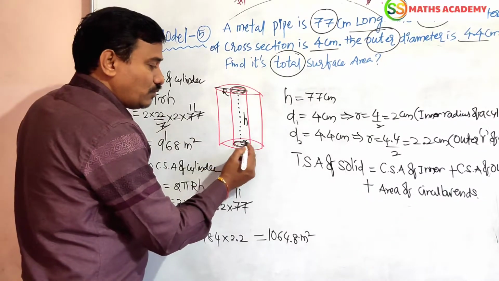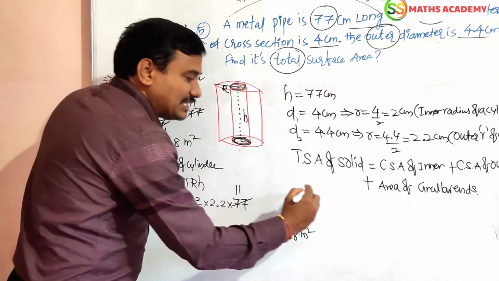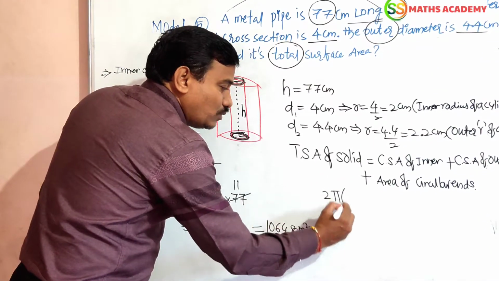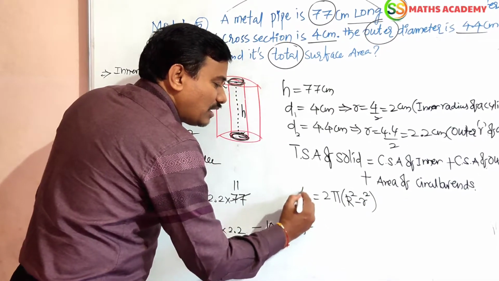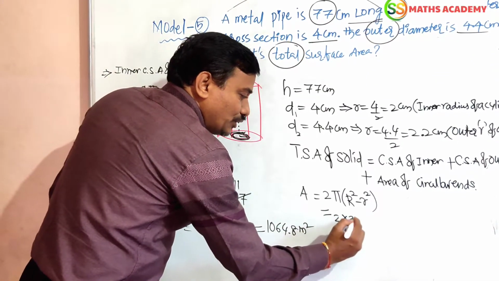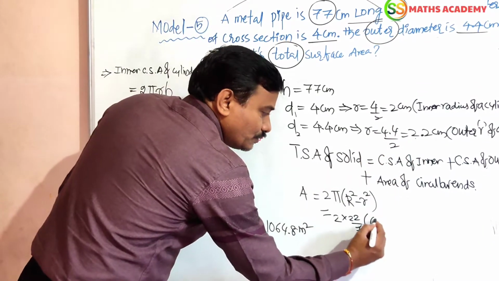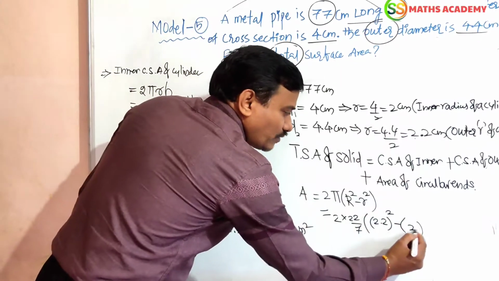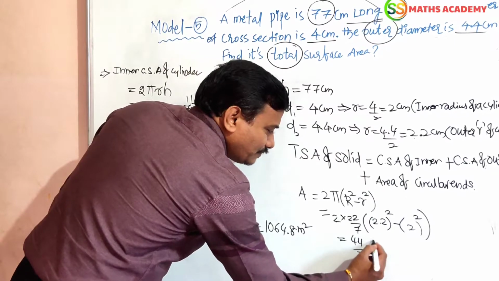Now let us see how to do the area of the two bases. The area of the two bases formula is 2 into pi of capital R square minus small r square. Now 2 into 22 by 7, capital R is 2.2, 2.2 whole square minus small r, 2 square. 2 into 22 is 44 by 7.